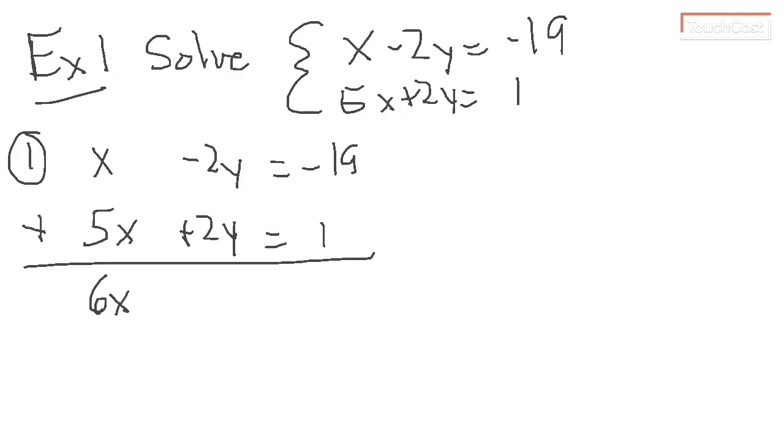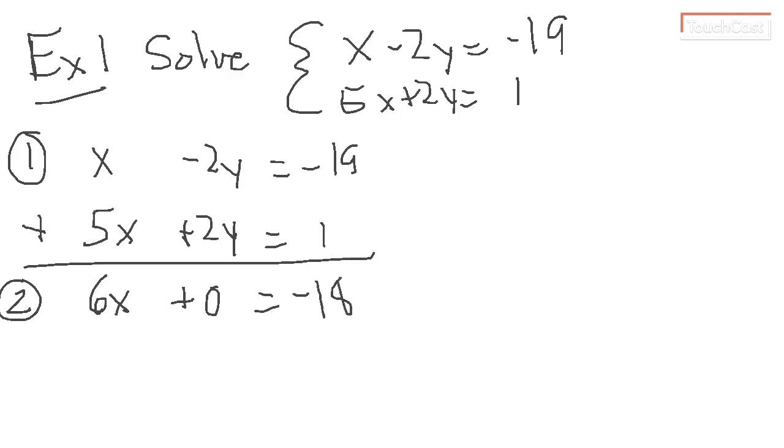So we're actually into step 2 right now by eliminating. Because now if we go negative 2y plus positive 2y, that's going to give us a 0y, which is just going to be 0. Negative 19 plus 1 makes negative 18.